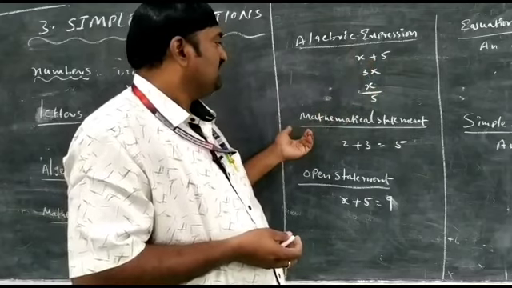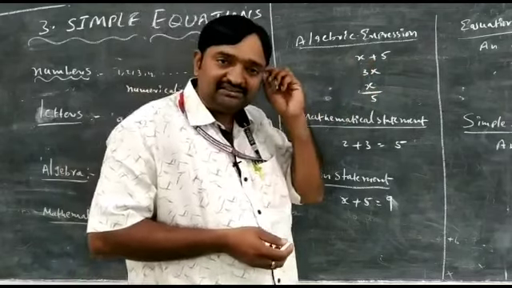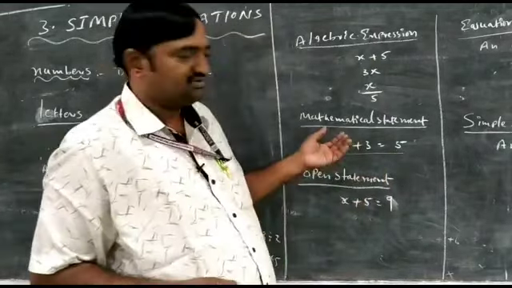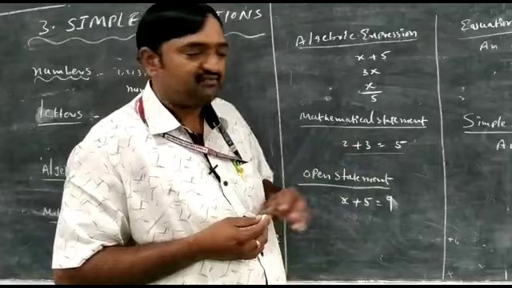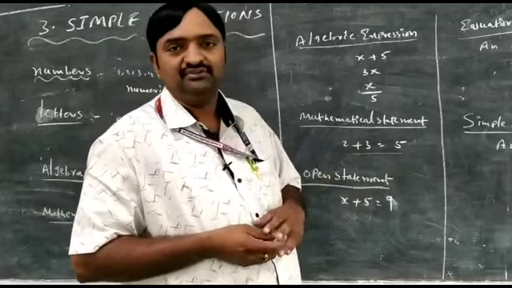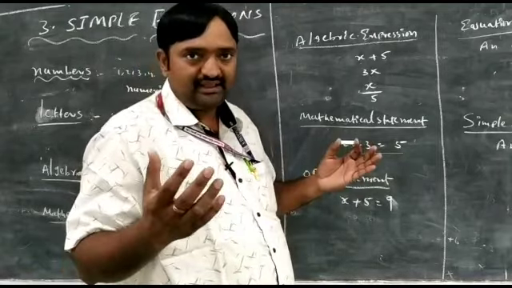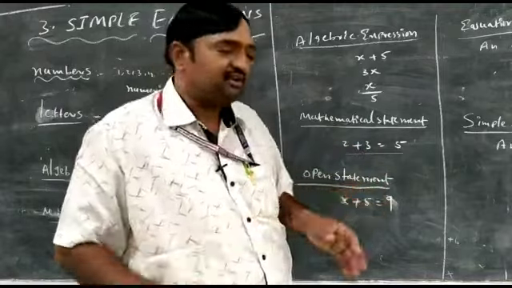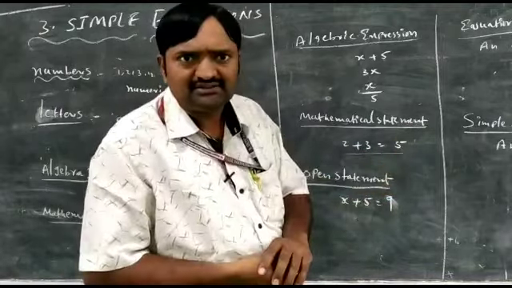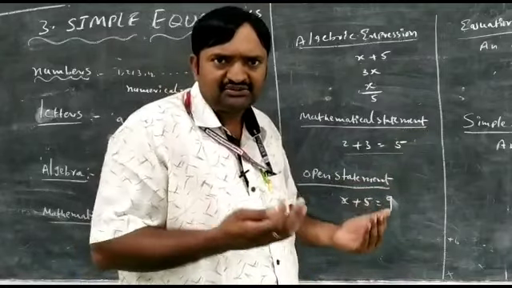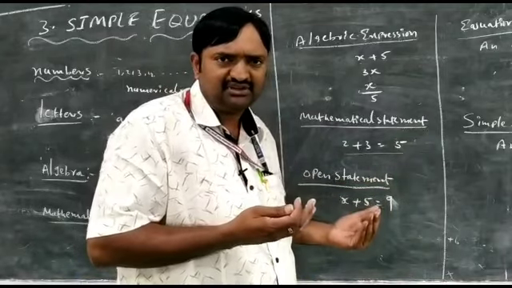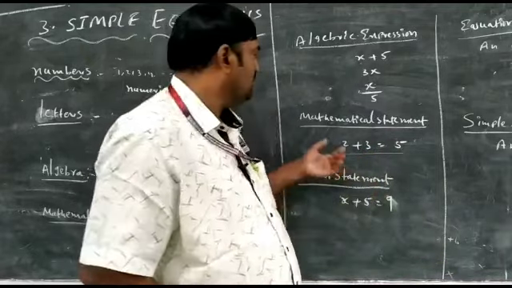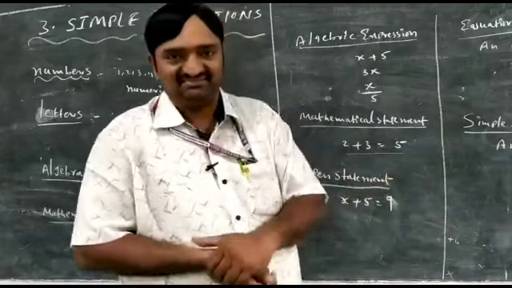In this way, next we come to the mathematical statement. Any numerical expression, any numbers, can be said to be true or false. 2 plus 3 equal to 5, true or false? True only. When we see a mathematical expression that can be said to be true or false, that is called a mathematical statement.